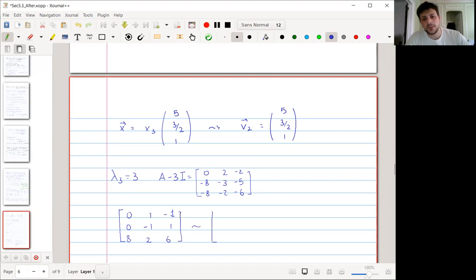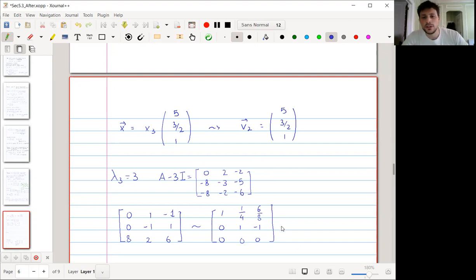I can do an extra step, and what I get is I bring the third row up, and I divide it by 8. And then I can use the second row added to the first and get a row of zeros. And then the other row that is remaining is 1, minus 1. Okay?